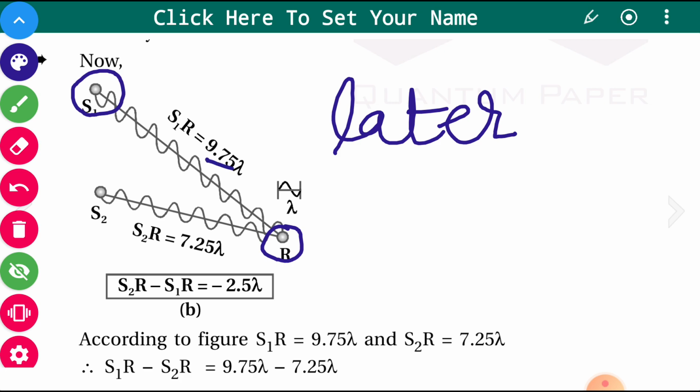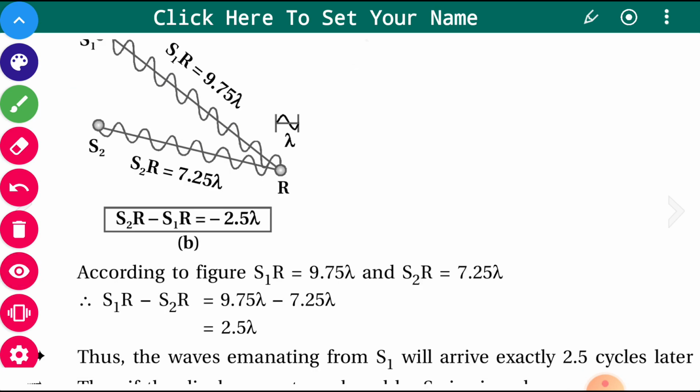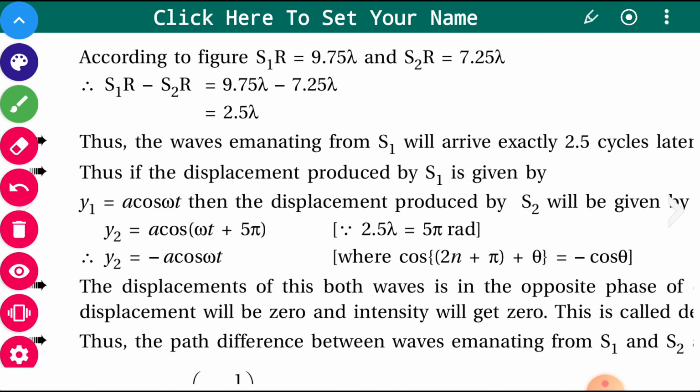So they are reaching 2.5 cycles late. One cycle is 2 pi phase difference, then this is 4 pi and a half, that is 5 pi. There will be a phase difference of 5 pi radian.